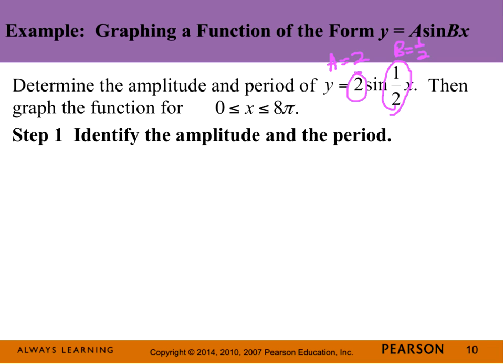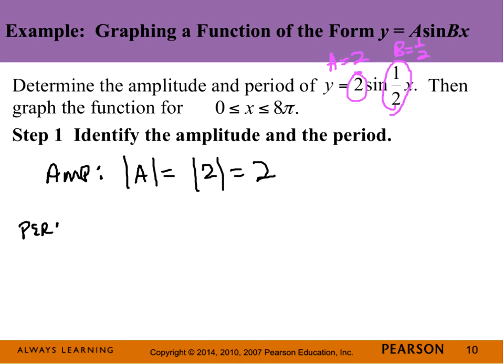So the first thing we want to do is identify the amplitude and the period. The amplitude is always the absolute value of A. So in this case, it's the absolute value of 2, which is 2. And then I have the period, which is given by 2 pi over B.